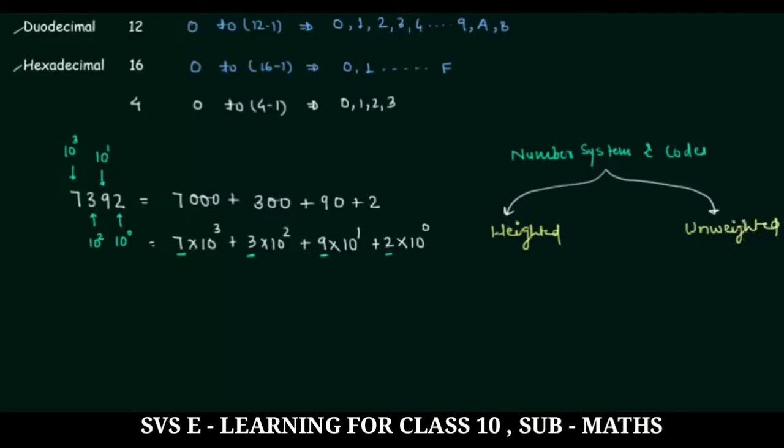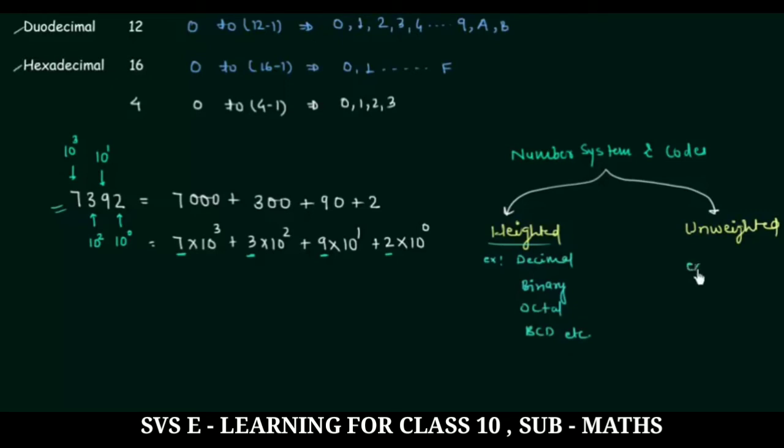In weighted we have few examples. First one is decimal number system that we have seen here. The second one is binary, of course, octal, binary coded decimal, etc. These are the examples of weighted number system.